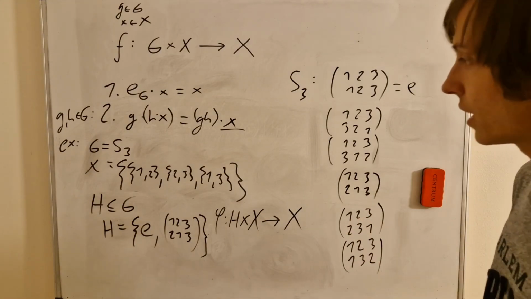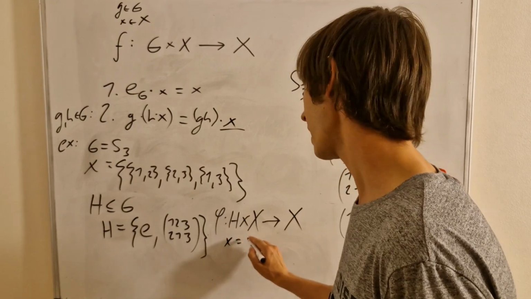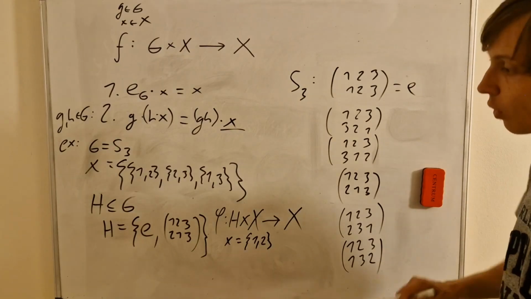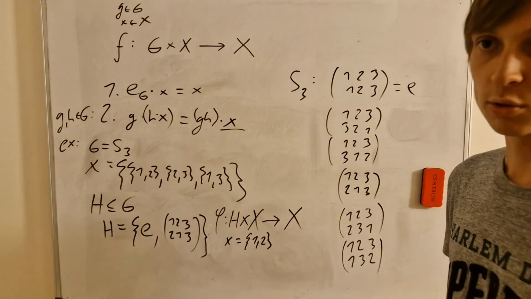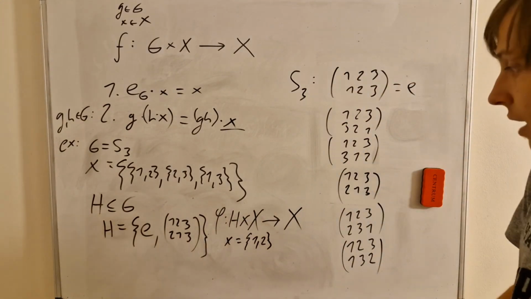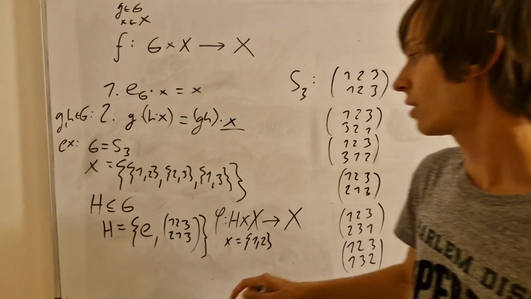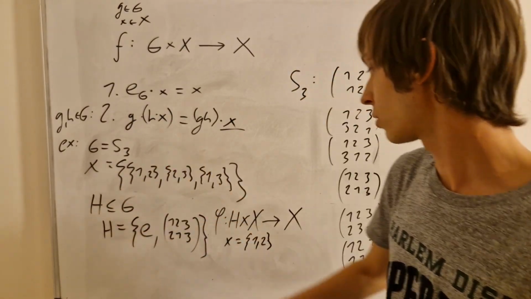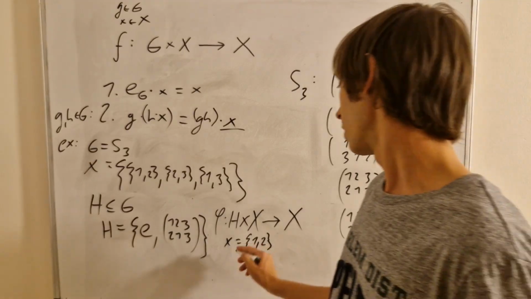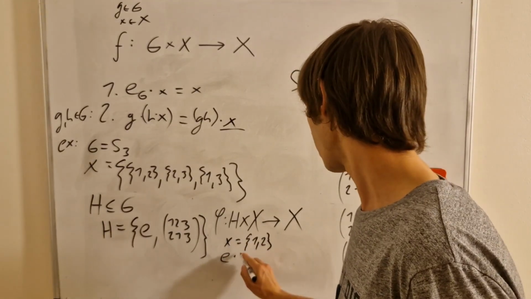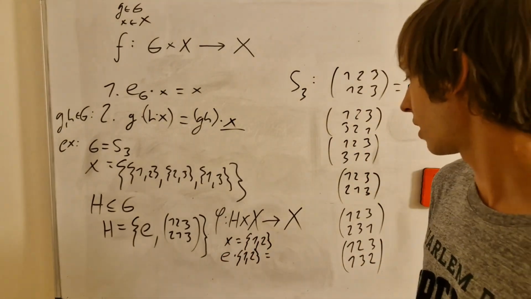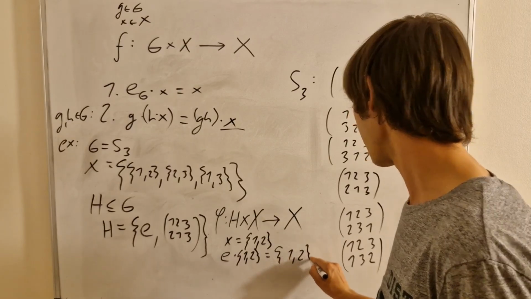When we take some element from X, let's say we take first the {1, 2}, and let it be acted on by all elements from this H. Now, this is useful. We have a subgroup which has fewer elements, so we don't have to take care of all these. And we can see what happens if we let H act with all its different elements on this one element from X. So if E acts on this element, it's just like E acting on each of these 2 numbers, it's going to leave them the same.